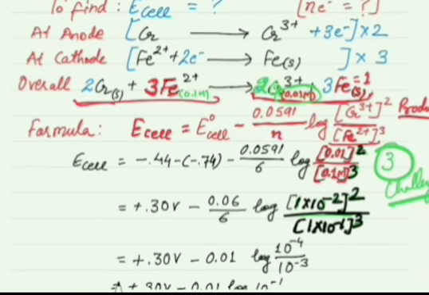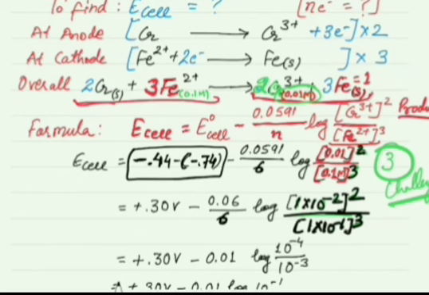We will solve it. The value of n is 6 here, right? So it is very easy to solve this question, and the standard EMF of the cell is the standard reduction potential of the cathode minus the standard reduction potential of the anode.